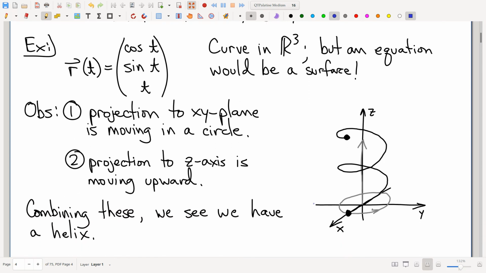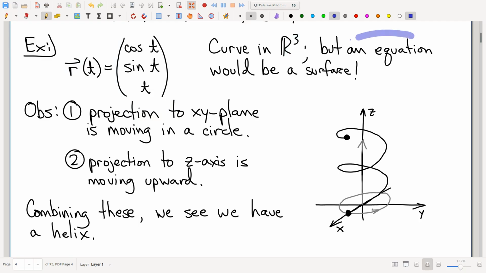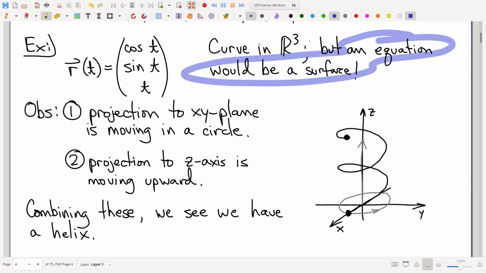3 dimensions. Right, here we have position with 3 variables. That means we're in 3 dimensions. Right, so this is X, Y, and Z. Okay, so don't try to find an equation. If there were an equation, the equation would give us a surface.